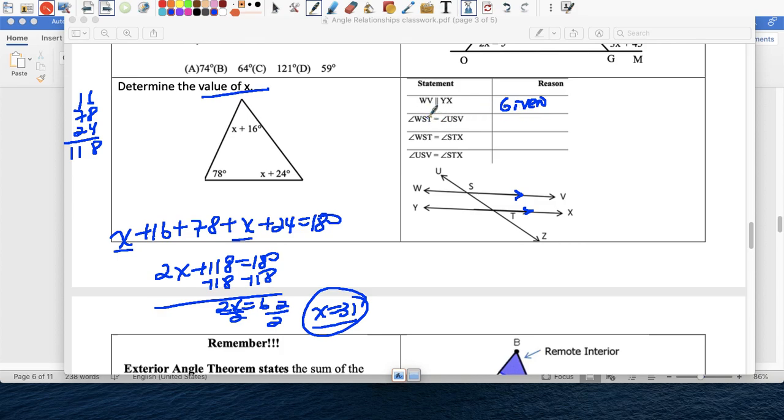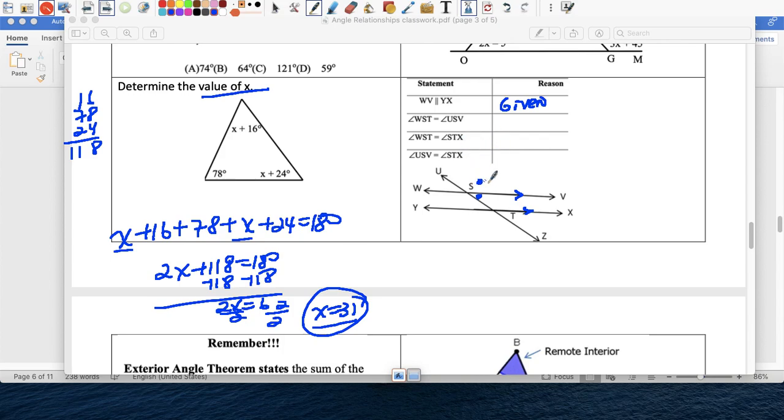Angle WST, which I'm going to put a little dot, angle WST, right here, this angle, and angle USV. Where's U and S and V? Where's V? And this one. USV, yeah, this one, right?